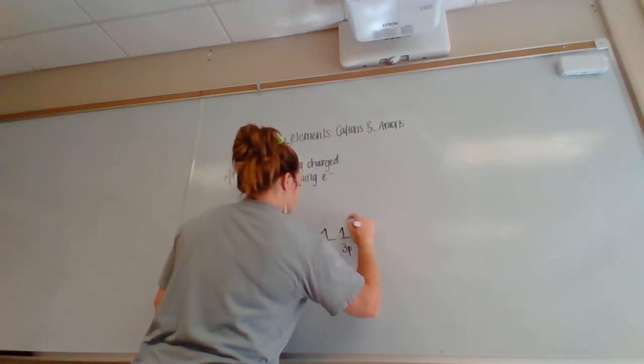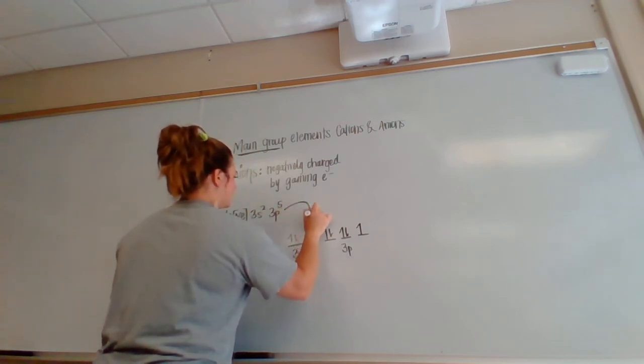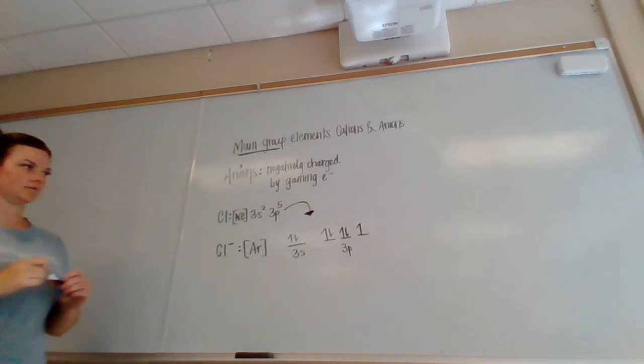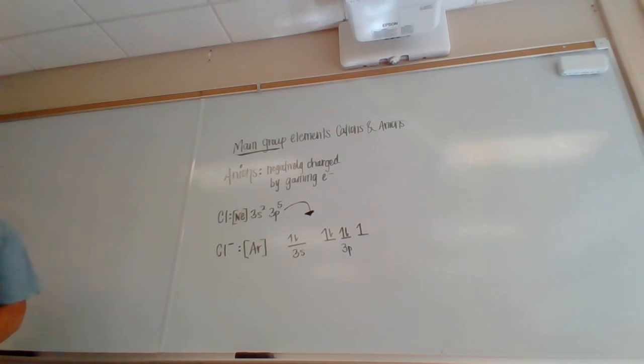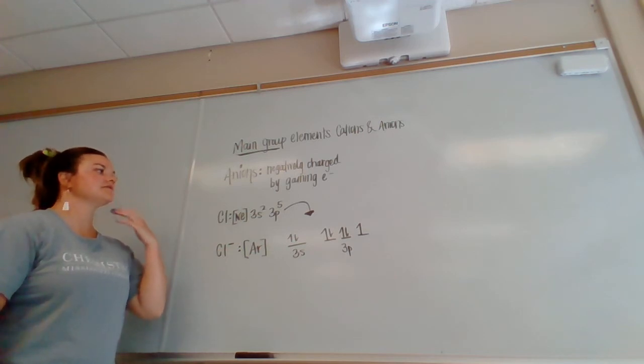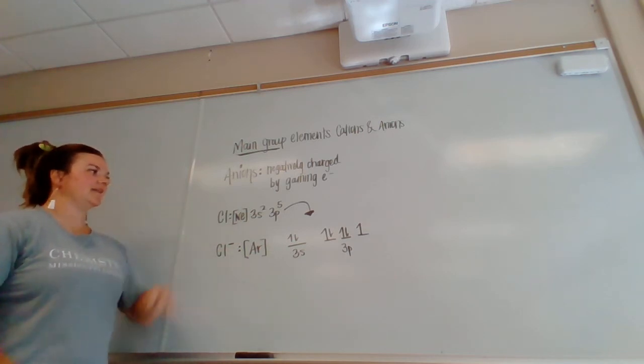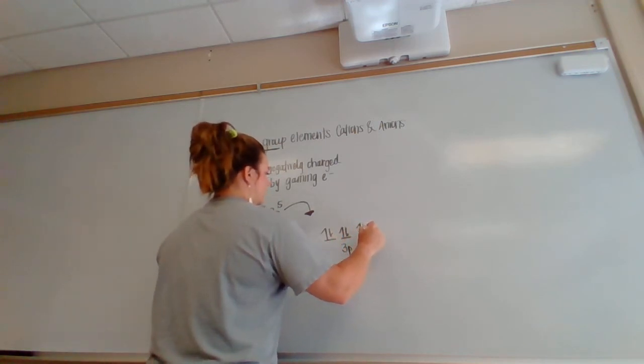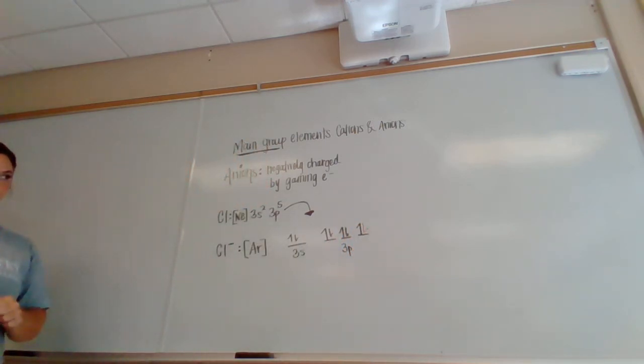So this would be my normal electron configuration for chlorine, but when I gain an electron, I'm adding it right here, so it becomes that of argon.